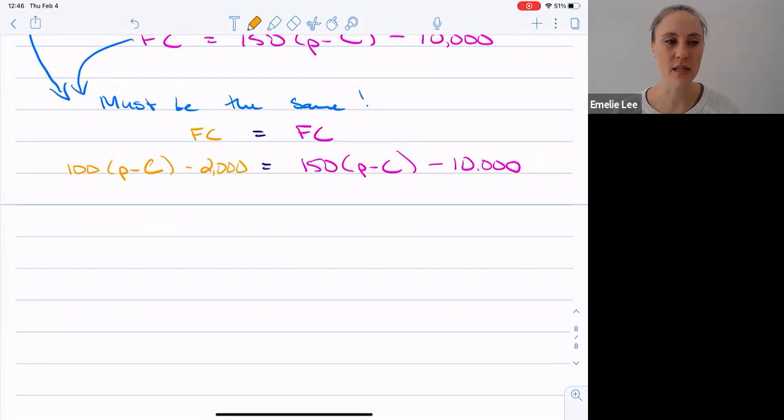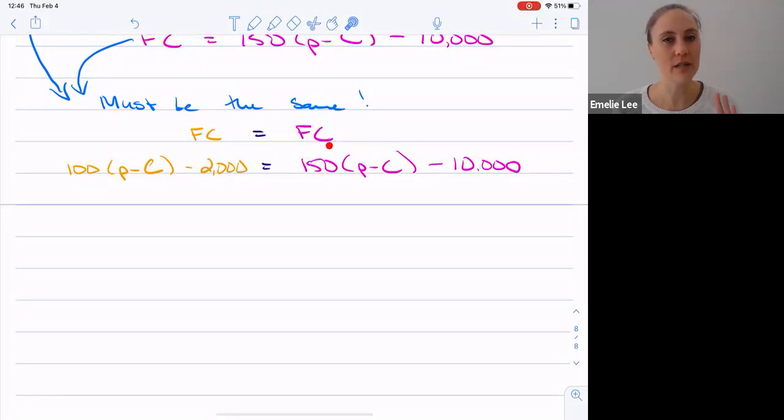What we'll see is we're going to be able to solve for P minus C as if it's one thing, right? That's the only variable that I have here. And then I can use it in either one of these formulas. It doesn't matter. The P minus C will be the same to find the fixed cost, right?